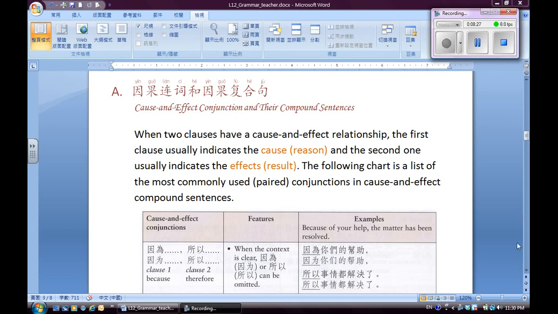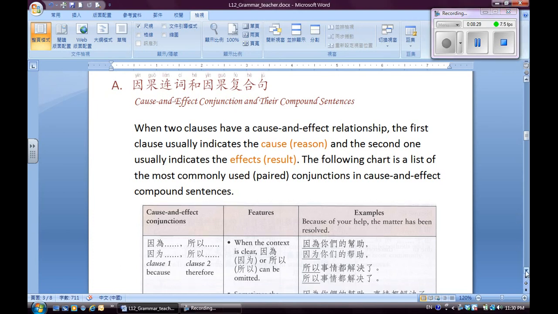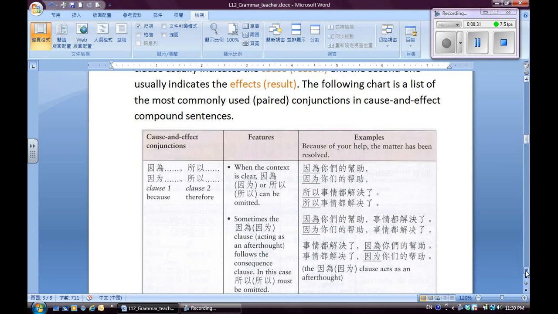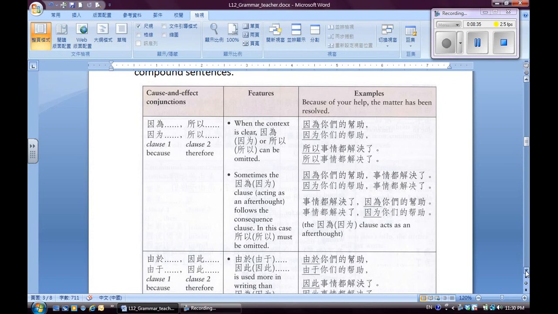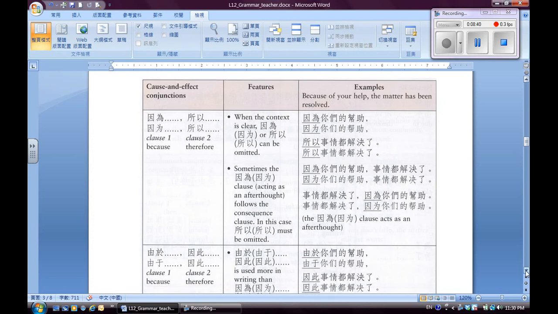So what we are going to do here is I'm just going to walk you through all these cause and effect conjunctions and examples. And after that, on page 5, you are going to do some practice on your own. When you're watching the video, as always, please make sure you write down your questions or mark the handouts.